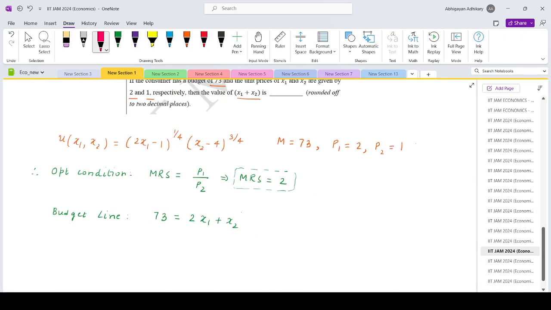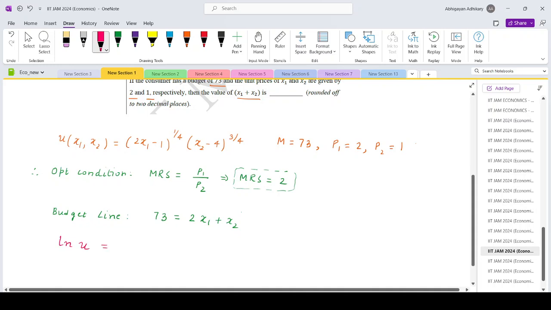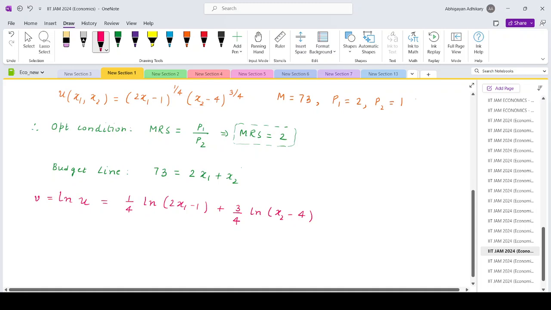So in order to find out the MRS, we can take the monotonic transformation of log, easier for calculation. So 1 by 4 log of (2x1 minus 1), if I denote this log of u as v, plus 3 by 4 log of (x2 minus 4).